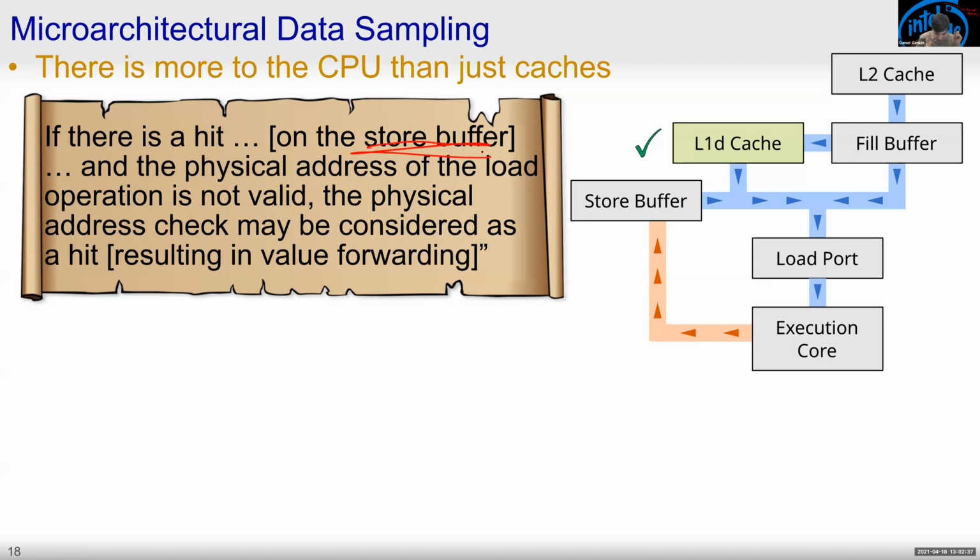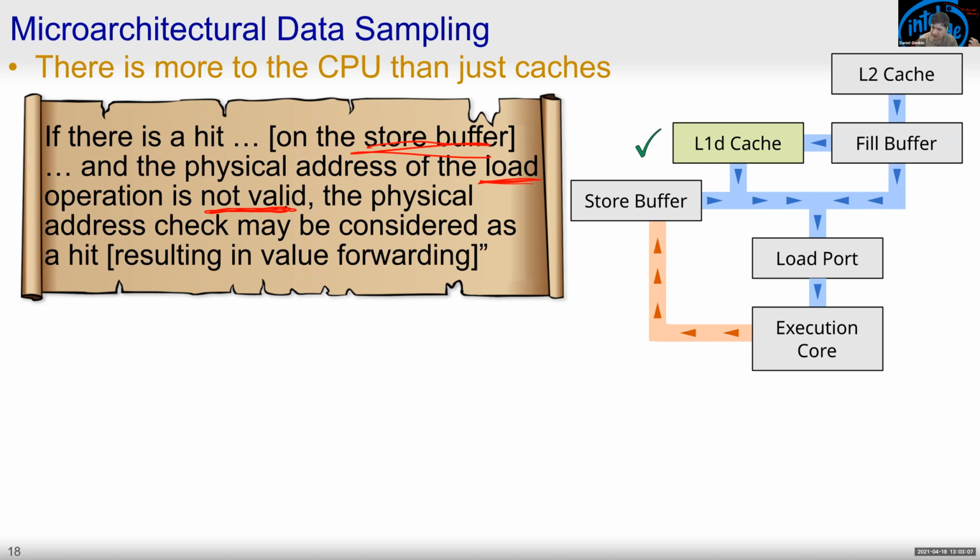It has some data in it. And the physical address of the load operation is not valid. So we have a load operation in flight accessing an invalid address. The physical address check may be considered as a hit, which means stop checking addresses, you don't care anymore, resulting in value forwarding.